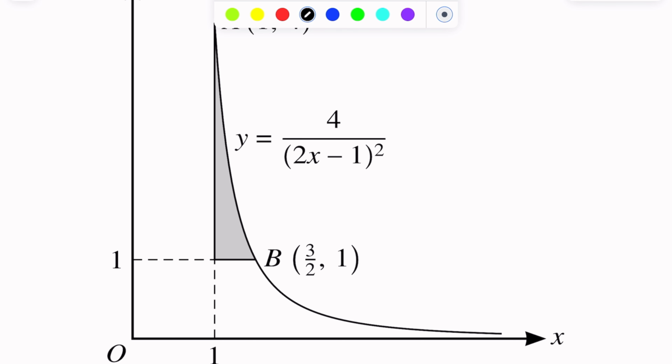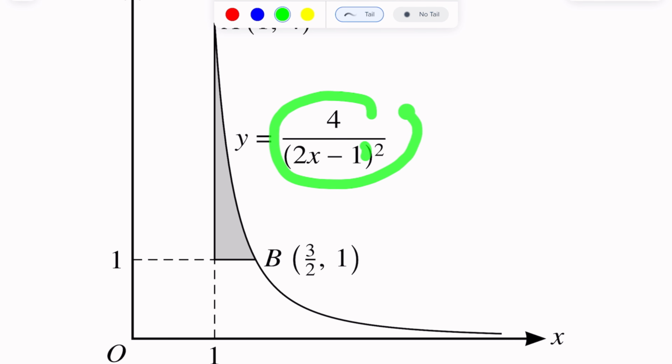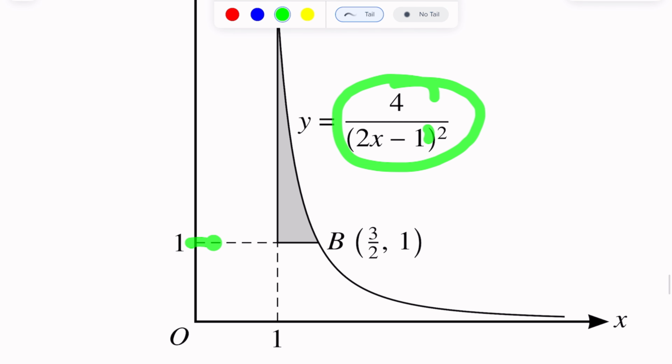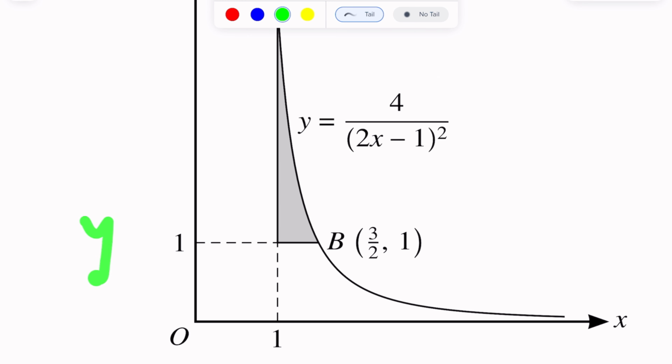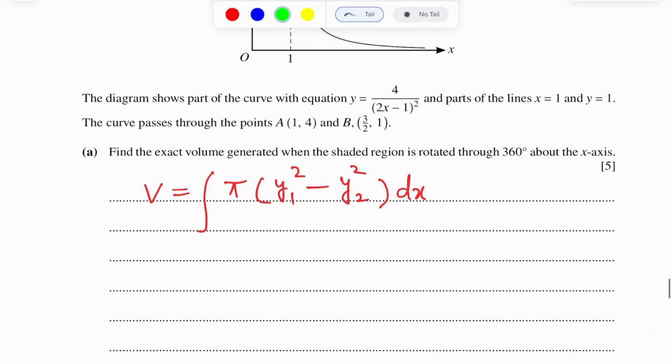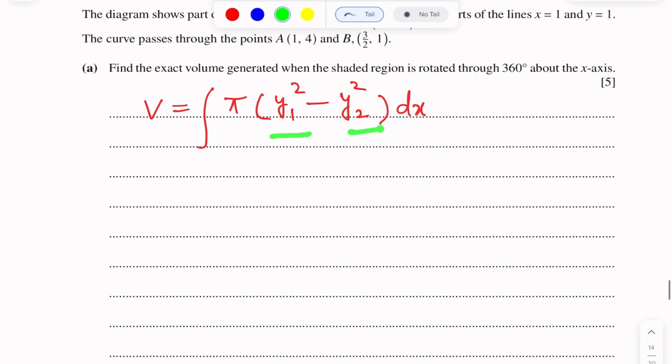This is y1. Suppose this is y1 and this line y is equal to 1. This is y2. y2 is equal to 1 and this is y1. So putting here the values of y1 and y2, V is equal to pi.